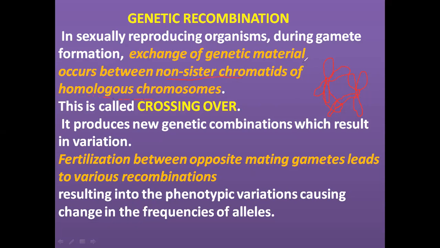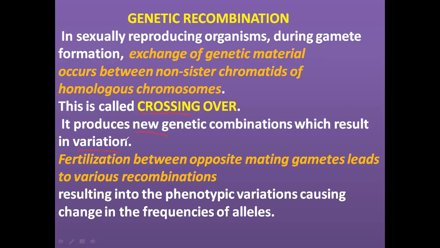These two are homologous chromosomes. You have to remember this point so that it will be easy to understand. This is called crossing over. It produces new genetic combinations and it leads to variation.